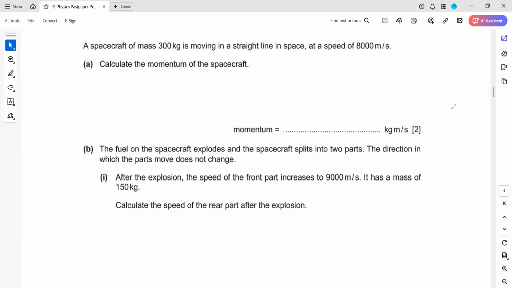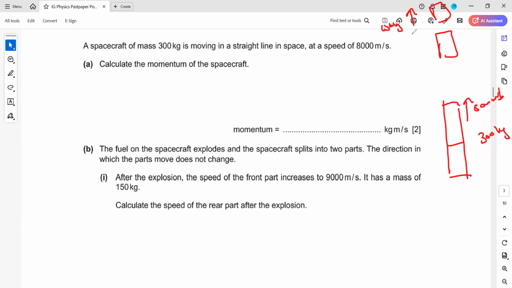Look, in this question, there's a spacecraft with a mass of 300 kg, and initially it was moving at a speed of 8,000 meters per second. Then this spacecraft exploded, and the explosion split it into two parts, the front and the rear part. The front part, which has a mass of 150 kg, is moving at 9,000 meters per second.